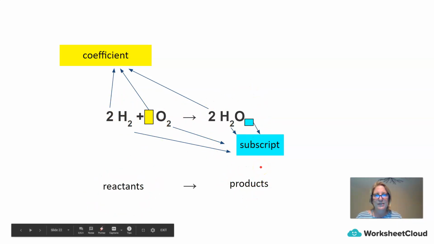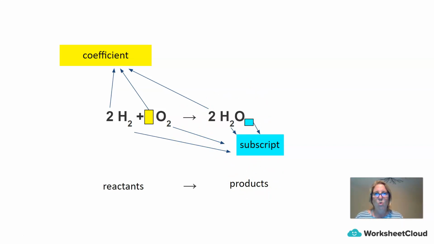is a product. When we have to balance a chemical reaction, we can only look at changing the coefficients, which is the number of molecules, and that we find as a coefficient in front of the letters.